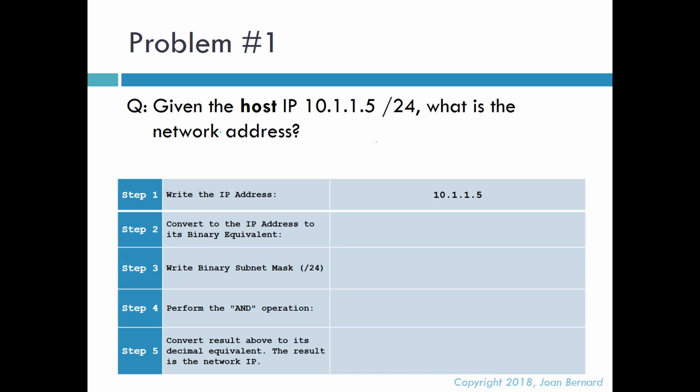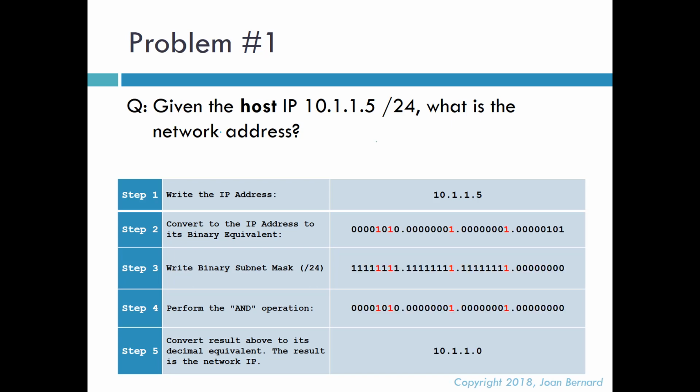I'll show the whole process at once here. I've taken the 10.1.1.5 and converted it to binary. I wrote the /24 as binary, and then I did the ANDing process, which gave me 10.1.1.0 as my answer.